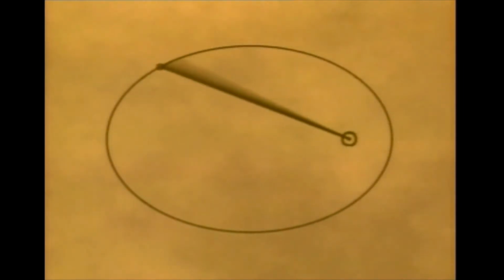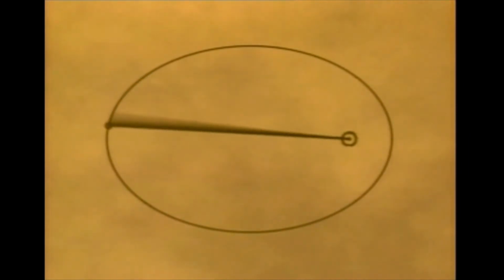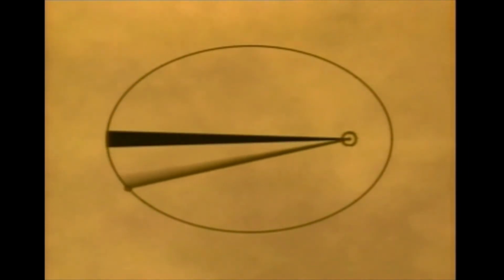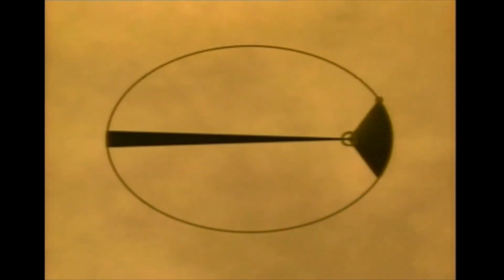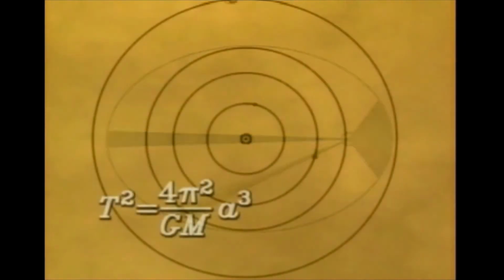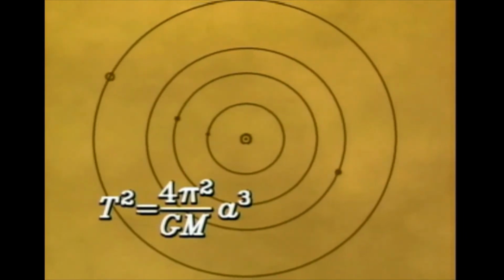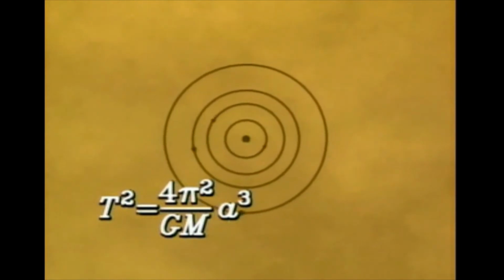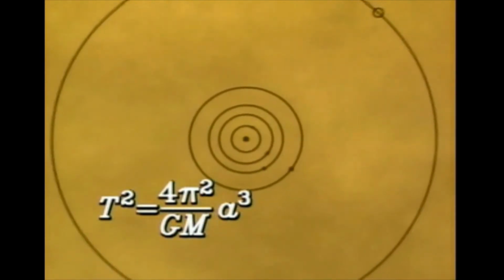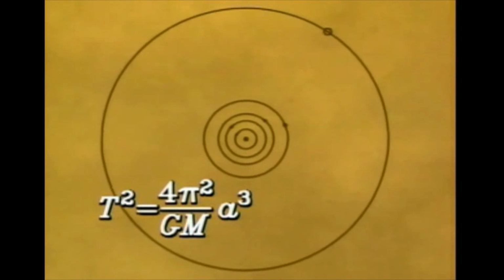When the planet's far from the Sun, moving slowly, it sweeps out an area in a certain time. When it's closer to the Sun, moving faster, it sweeps out the same area in the same amount of time. In 2 sweeping gestures, that's Kepler's second law. His third law came 10 years later. It states that the square of the period of a planet is proportional to the cube of the length of the semi-major axis. And it reveals a connection between the motions of different planets.